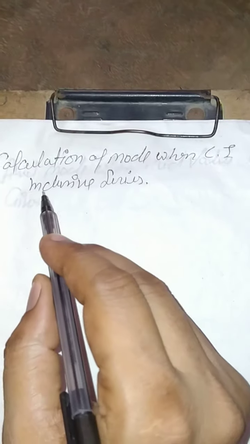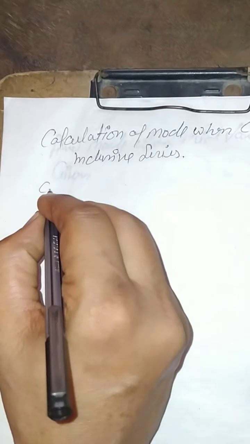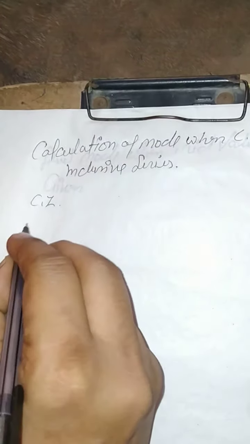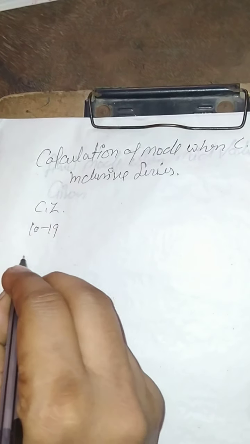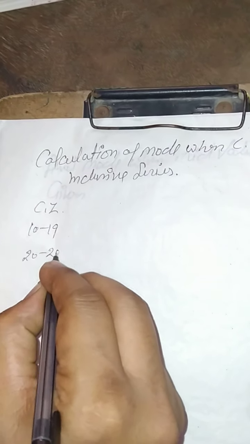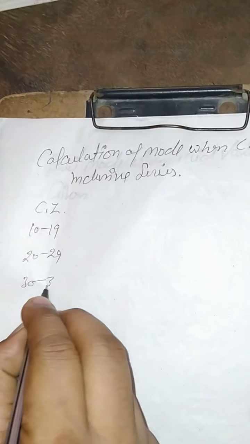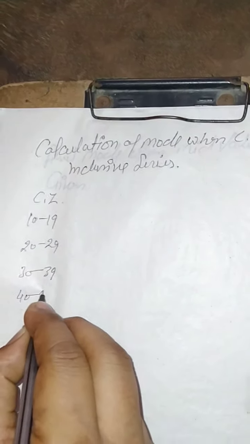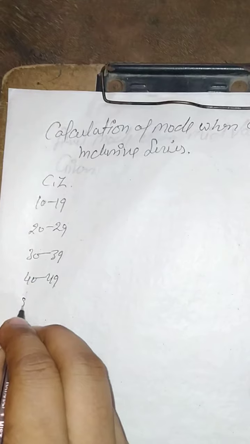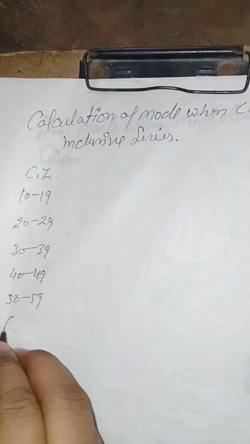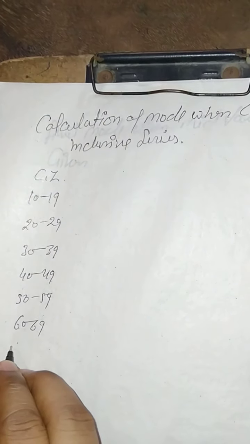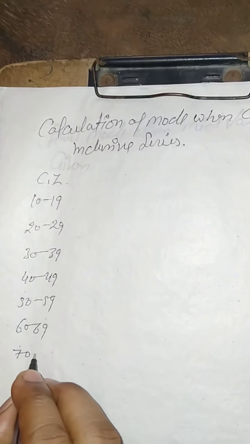See beta, the next type of question is calculating the mode when the class interval is in an inclusive series. That's our class interval: 10 to 19, 20 to 29, 30 to 39, 40 to 49, 50 to 59, 60 to 69 and 70 to 79.